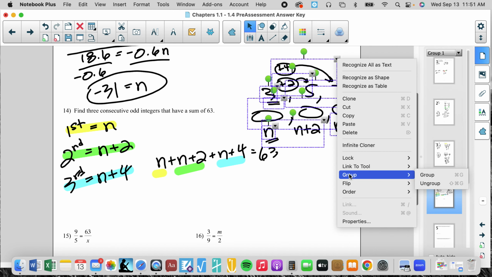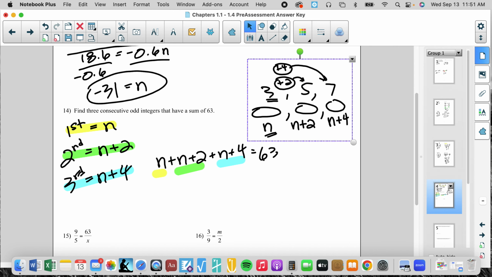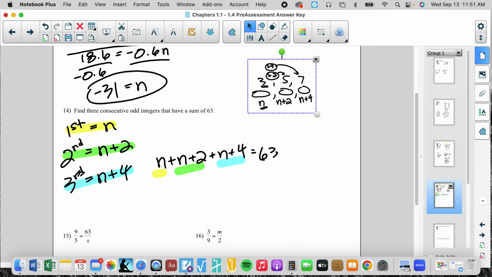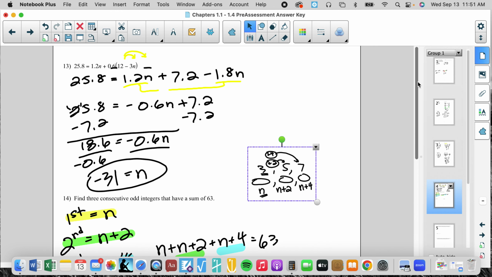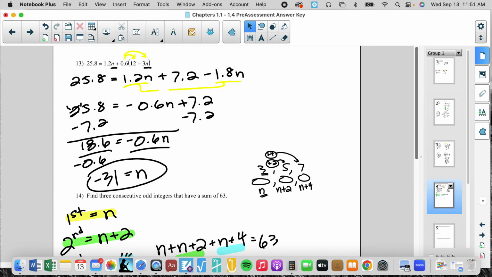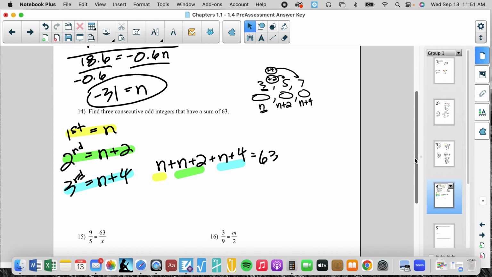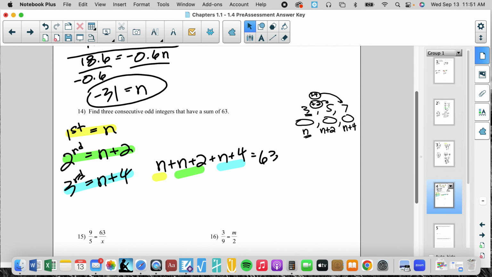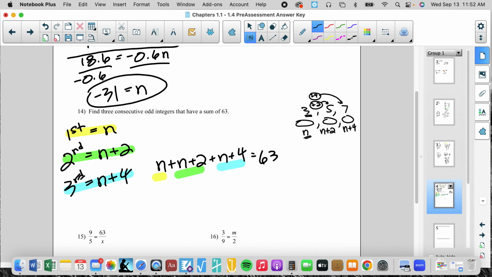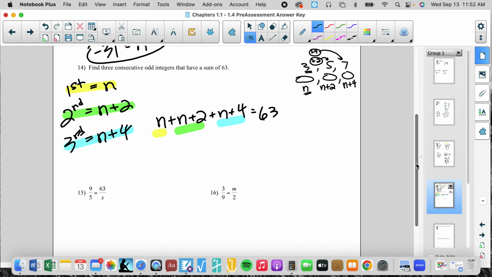Hold on, be patient. Sorry, group. I just want to make that a little bit smaller. And now I'll move that thing back. That needs to go right there. That's good alignment. And then we're going to take this and move it over there. I just didn't want this equation when I'm solving this equation. Okay, back to this equation.